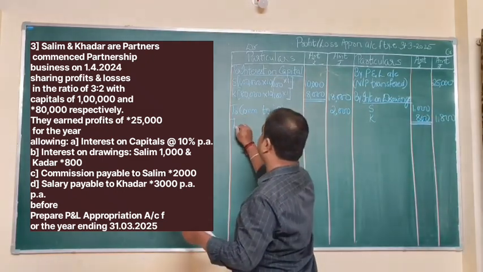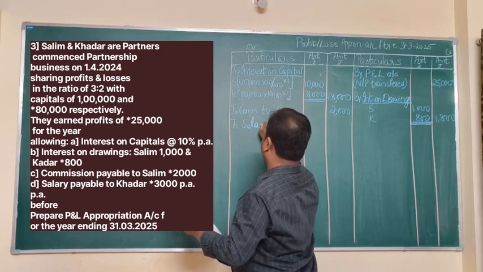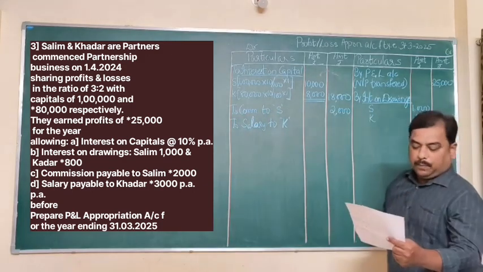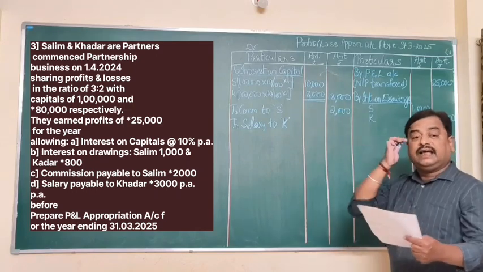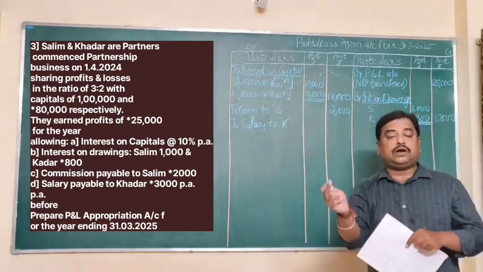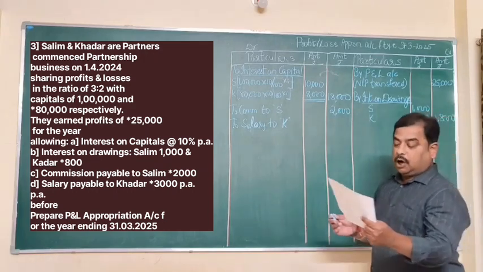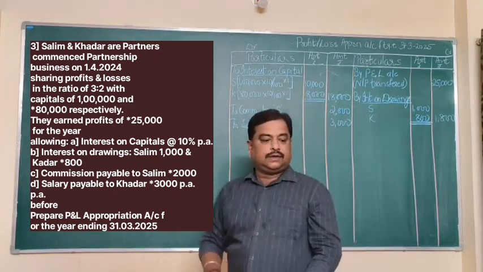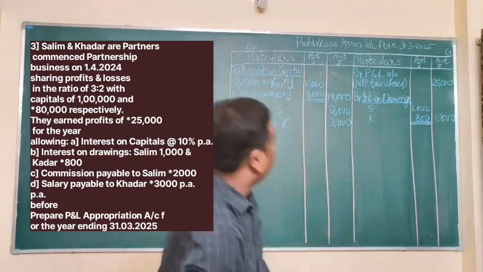To salary, to whom? To Kader. How much is salary? That is also given yearly. If they have given yearly, directly write in the outer column. If monthly is given, you have to multiply into 12 months. So how much is the salary given? 3,000 rupees. That's it. So all the adjustments we have now recorded.